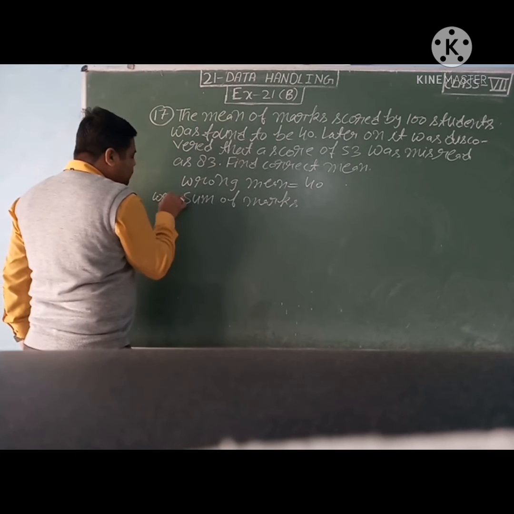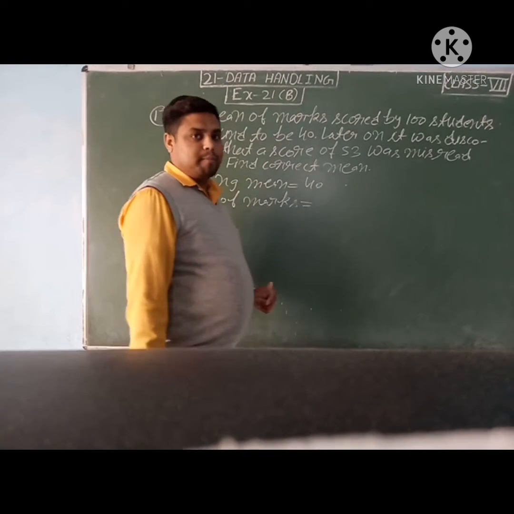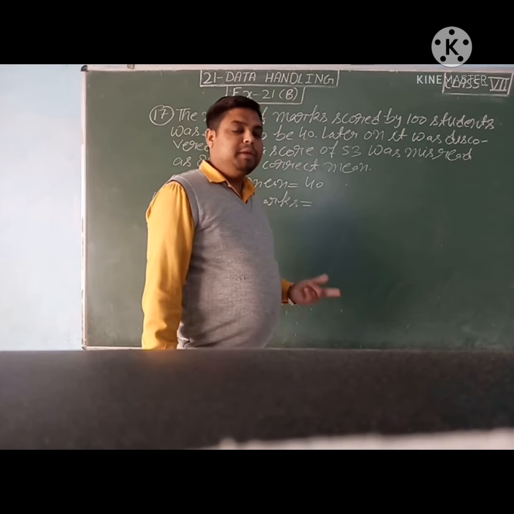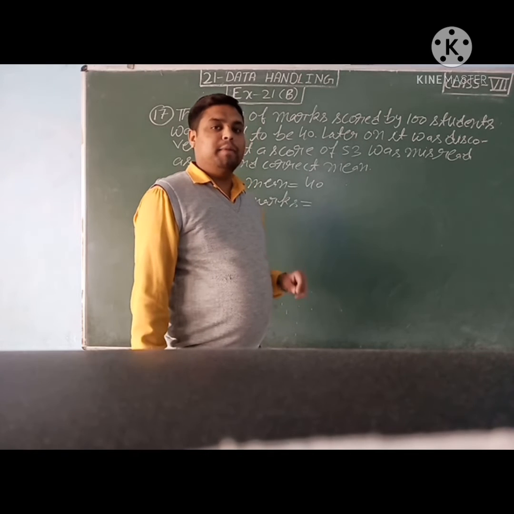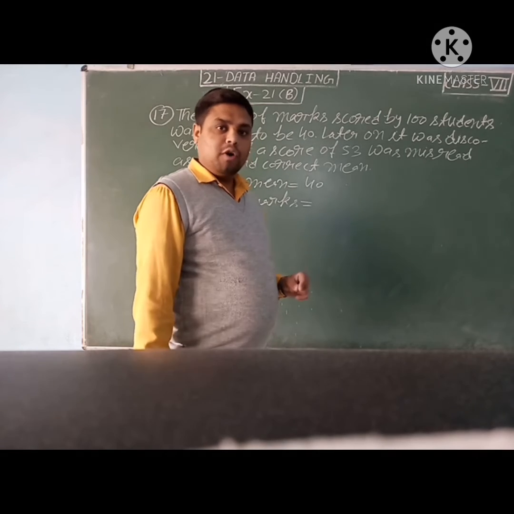Wrong sum of marks is equal to, formula of sum, mean multiply number of observations.